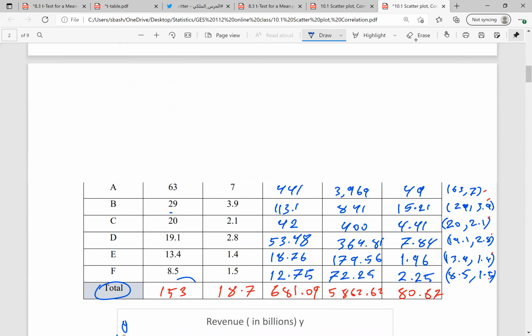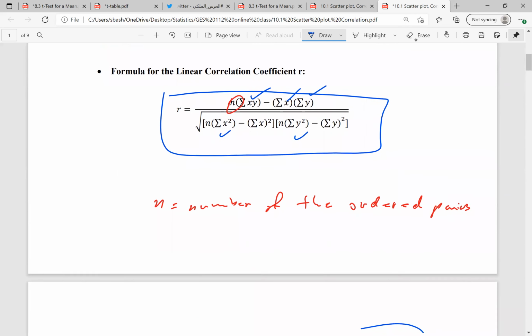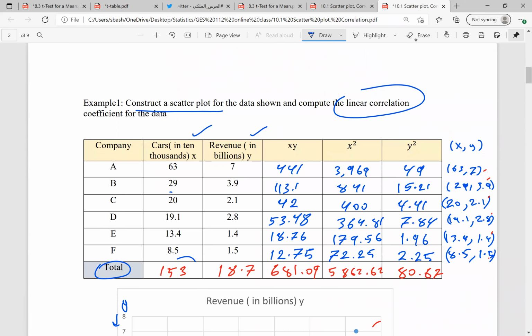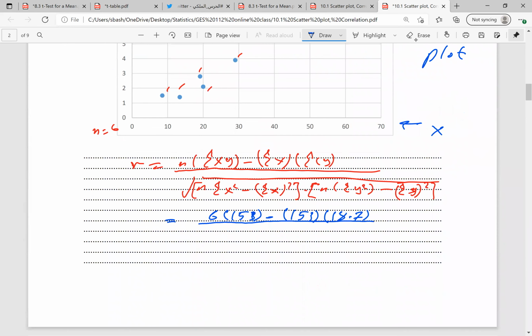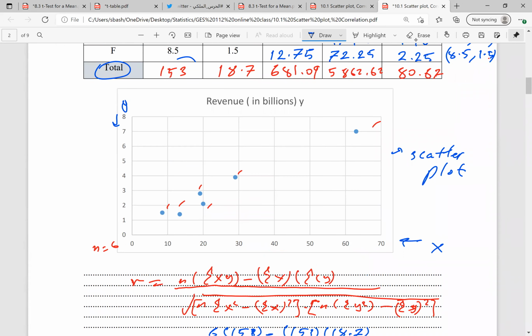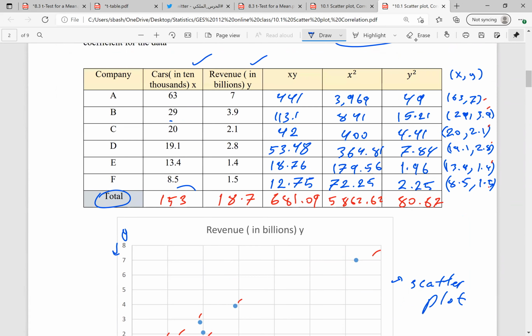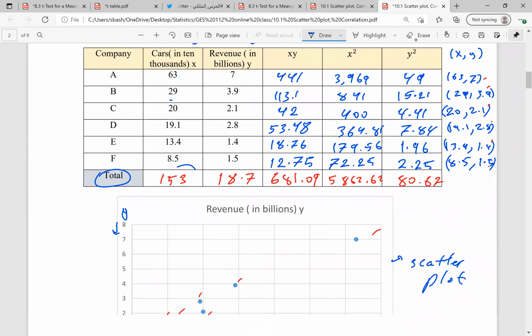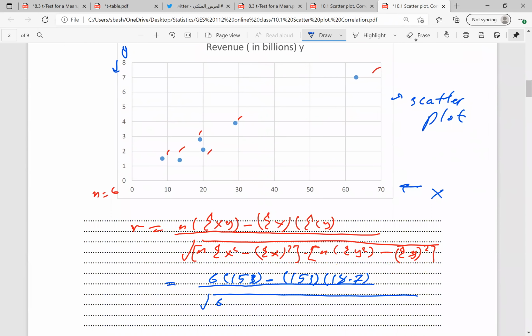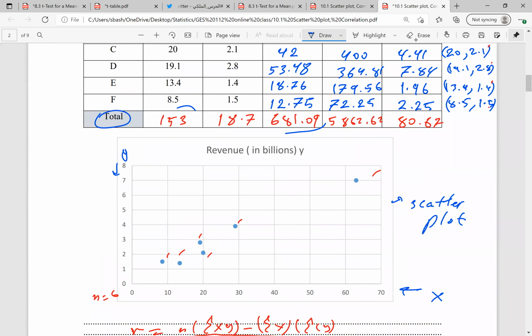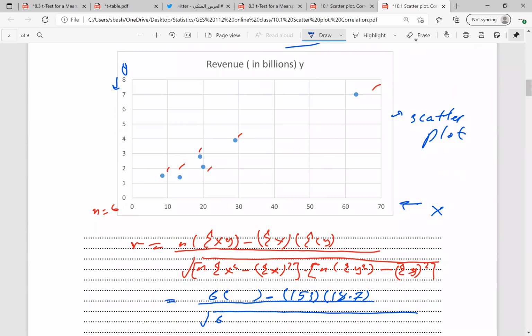Divided by the square root of 6 multiplied by sigma x squared. I'm sorry, first of all, sigma of xy is not 153; it should be the third one, 681.09.